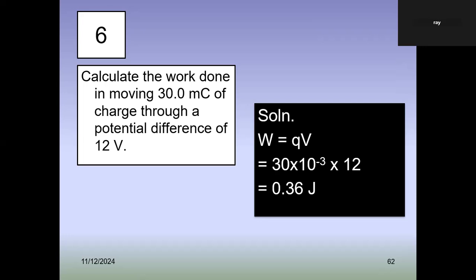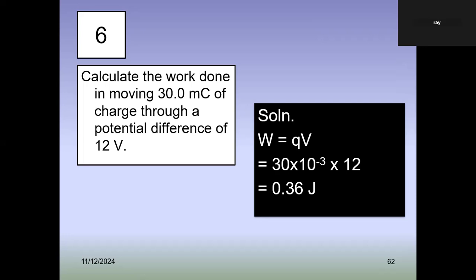Change to coulomb, times 10 to the power minus 3. Just like millimeter to meter. Times 10 to the power minus 3 if it's milli to coulomb.